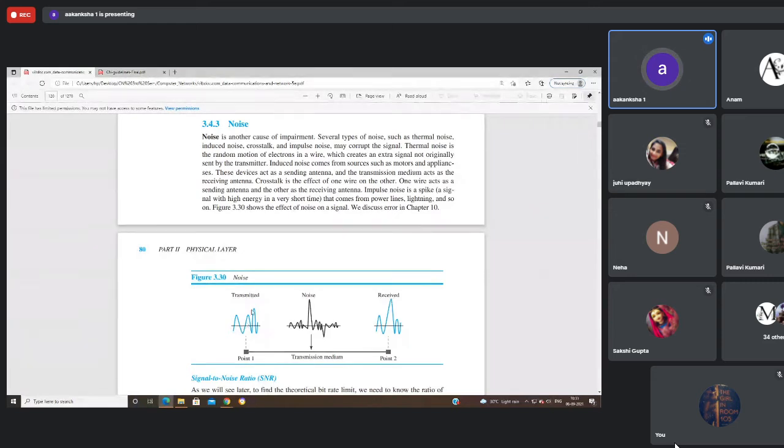So the signal which was carrying some data, analog data or maybe some digital data, is misinterpreted as something else because the signal itself has been impaired and it has created some noise in between, so it may be interpreted differently.